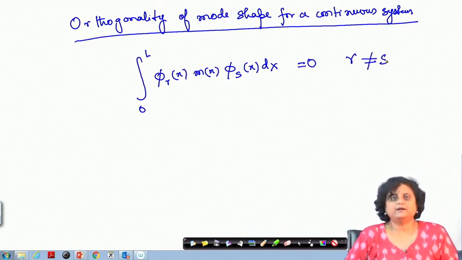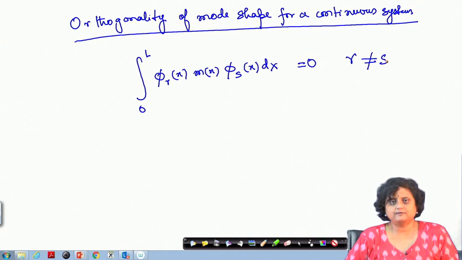It is the same thing that existed for a multi-degree of freedom system. For a multi-degree of freedom system, it was a matrix product of the modal vector into the mass matrix into the modal vector, which was 0 when the mode shapes of two different normal modes were considered. The same condition exists for a continuous system as well.